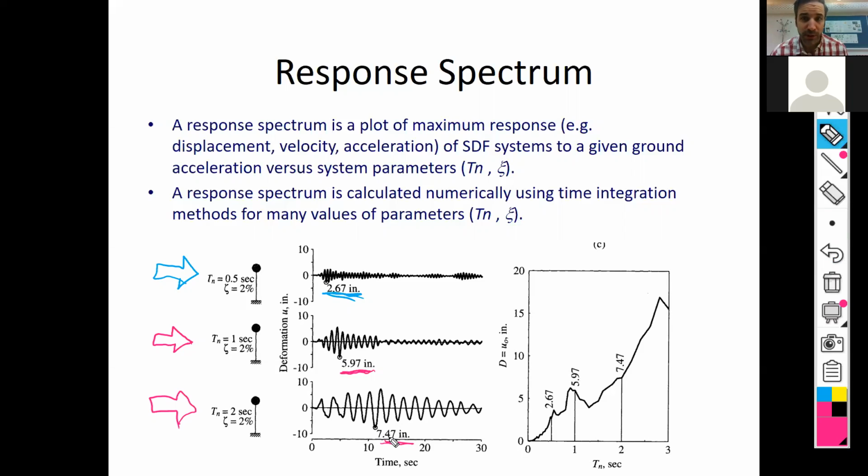So a response spectrum is a curve that combines all these results. Okay, so instead of calculating the result for 2, 3, 4, 5 structures, all of different periods of vibration, we calculate the results for hundreds of structures so that we can create this line, right?